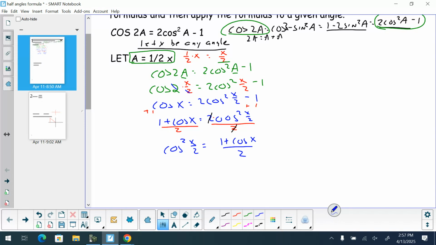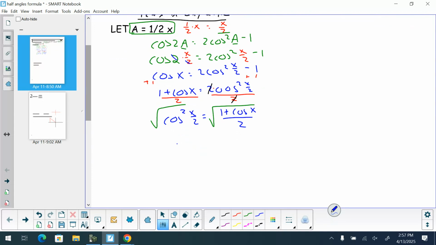Our last step, to get rid of the square, we can take the square root. So what we're left with is the cosine of x over 2 is equal to plus or minus the square root of 1 plus the cosine of x, all divided by 2. And what we'll have to eventually do, and we'll talk about this, is that with the plus or minus, you're going to have to make a decision. Do we use the positive or the negative?